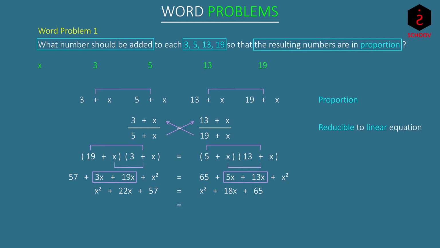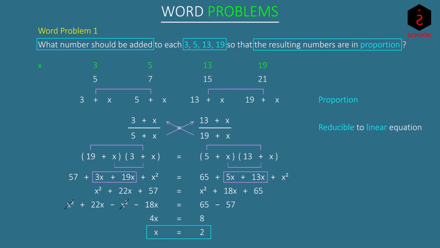Now from RHS, bring variables to LHS and take this 57 to RHS. We get an equation in which cancel like terms to get 4x is equal to 8 or x is equal to 2. Always cross-check. So put x is equal to 2 in each term and we get the new numbers.